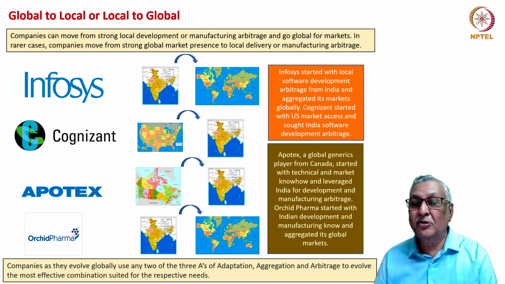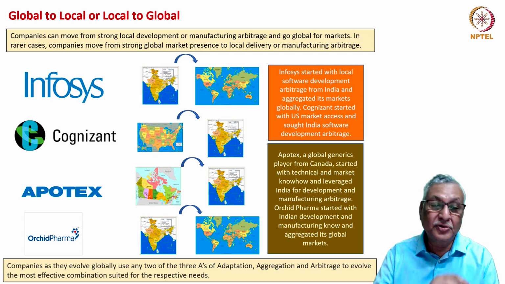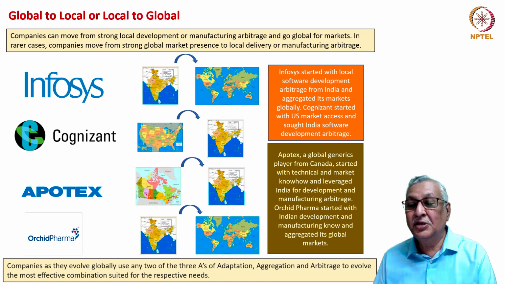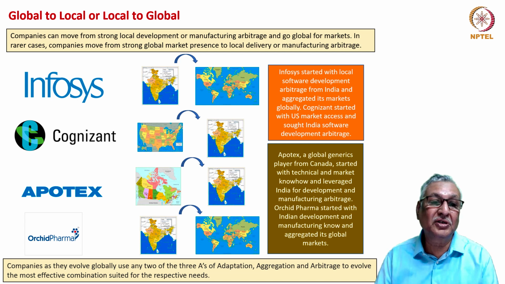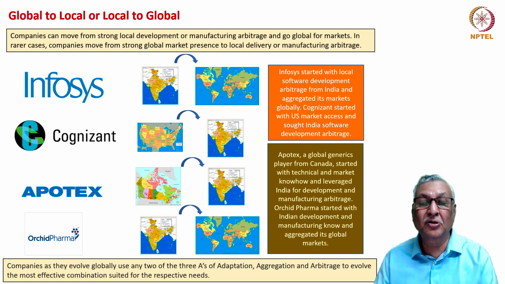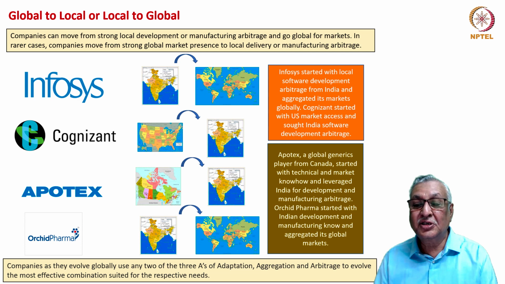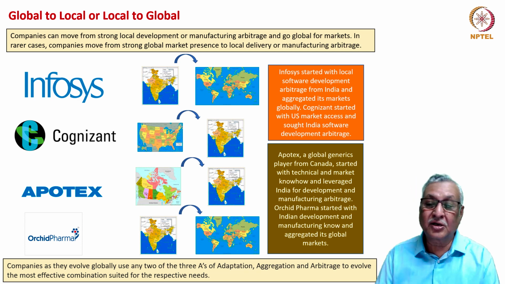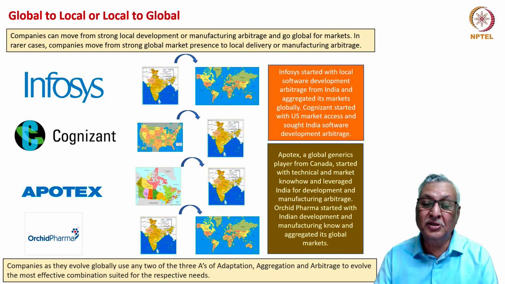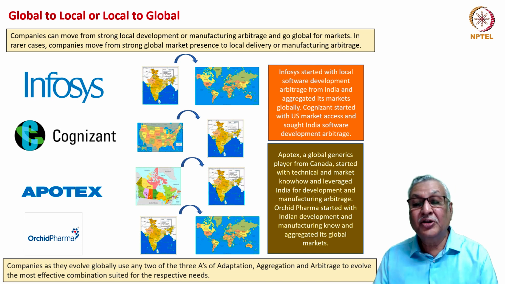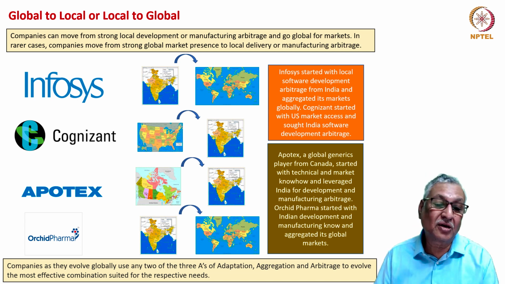So local software development and arbitrage from India and aggregation of markets globally was the bedrock of its global delivery solutions model. On the other hand, Cognizant started with the US market access and sought India software development as the arbitrage. So from US to India was Cognizant, whereas Infosys was from India to global. Apotex is a global generic player from Canada. It started with technological and market know-how that is based on North America and leveraged India for development and manufacturing arbitrage.